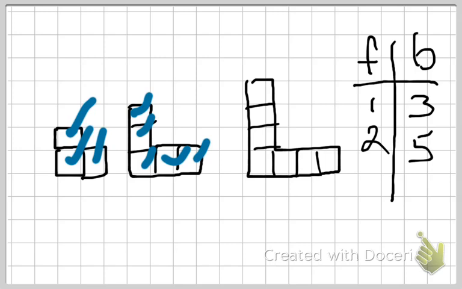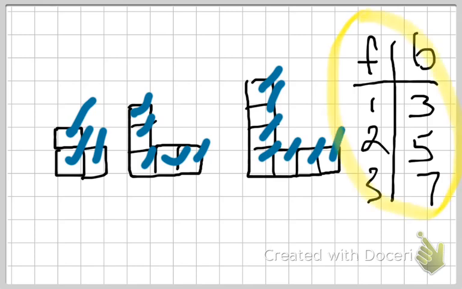And figure 3 has 1, 2, 3, 4, 5, 6, 7. Figure 3 has 7. So now we have our table of values. Right here, that's our table of values.